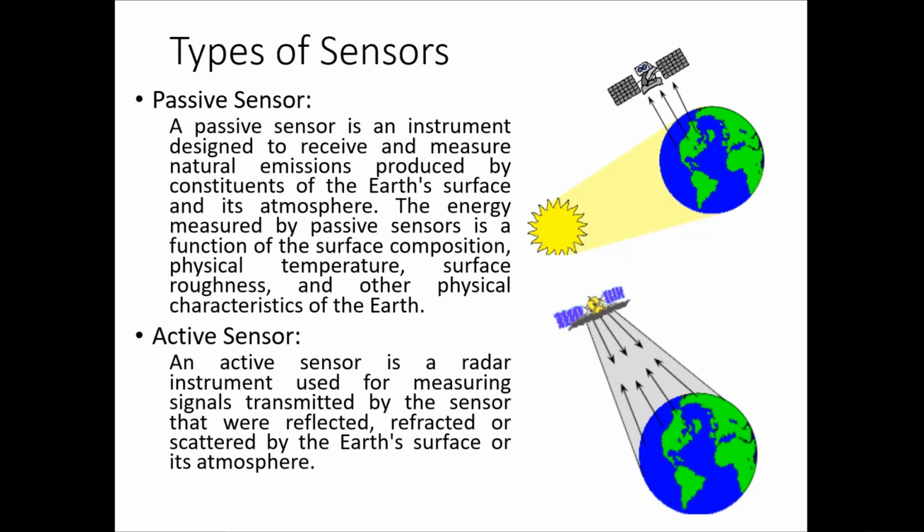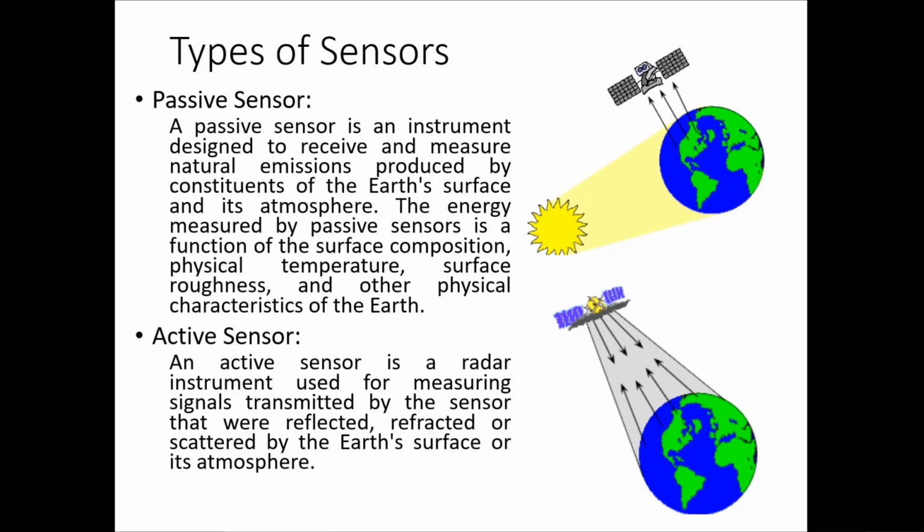So remote sensing systems which measure energy that is naturally available are called passive sensors, and they can be used to detect energy when the naturally occurring energy is available, like the sun, right? They can be used only when that external source of energy is available, right?